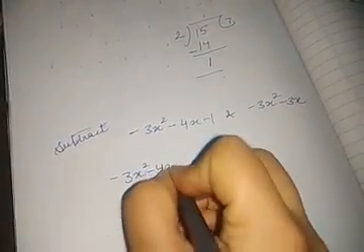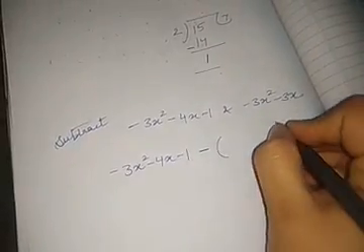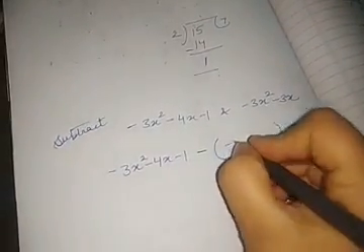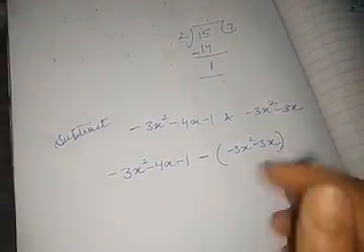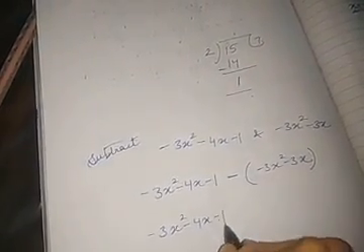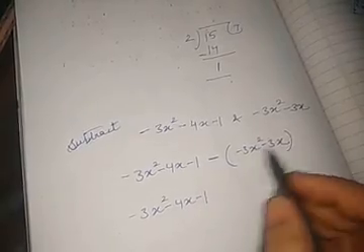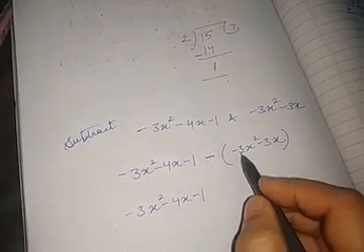Minus 3x square minus 4x minus 1 minus. To subtract them, we write the second polynomial in brackets.